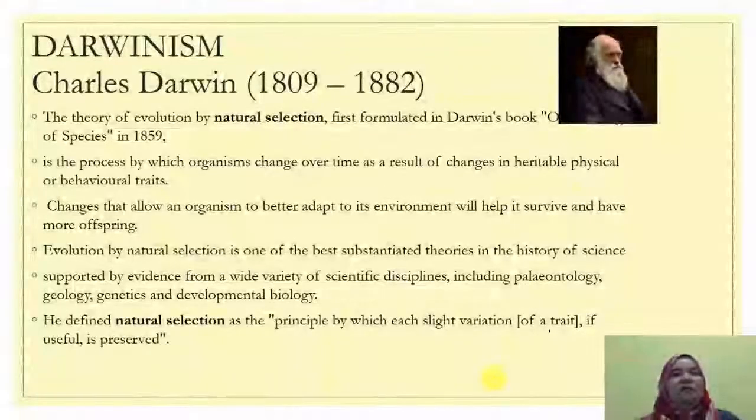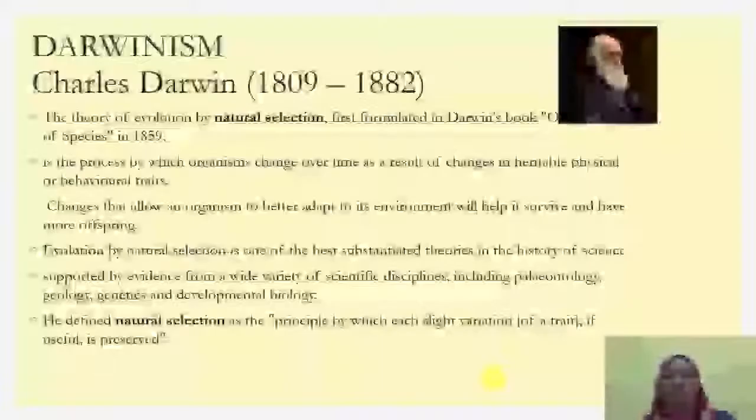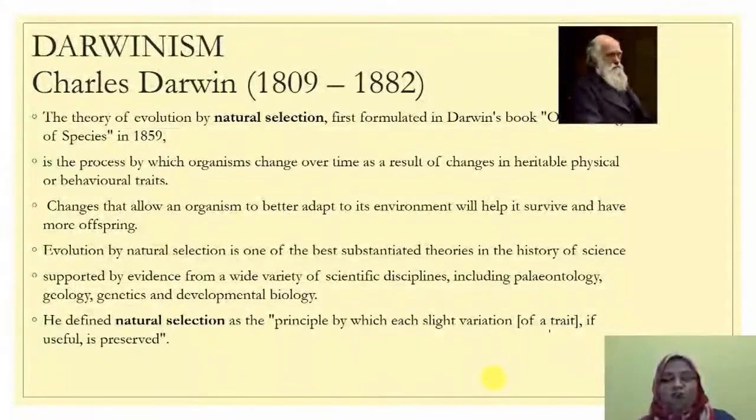And because of variation that exists in a population, the population may change when environmental conditions change, because those that are better suited for the environment will survive and produce more offspring, which will change the picture of that population.